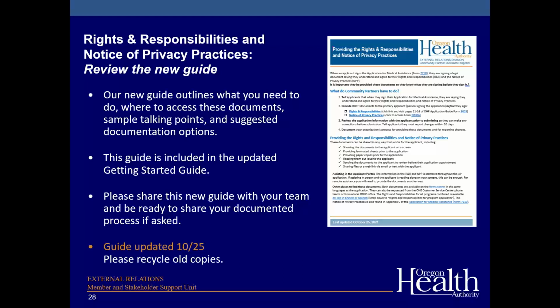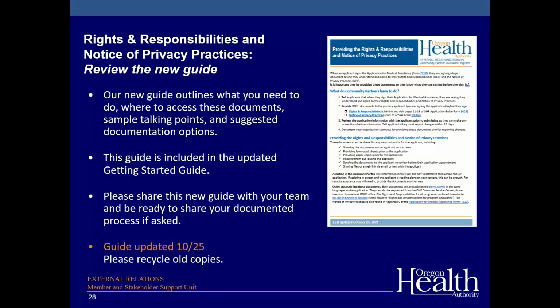We learned yesterday that only about 1/3 of our community partners have completed our yearly recertification training that you need to maintain your active assister ID. And in that recertification training, we go over rights and responsibilities, and we also provide the new updated Getting Started guide that includes this. We learned that approximately 2/3 of folks haven't taken that, so there's a little plug for our recertification training.